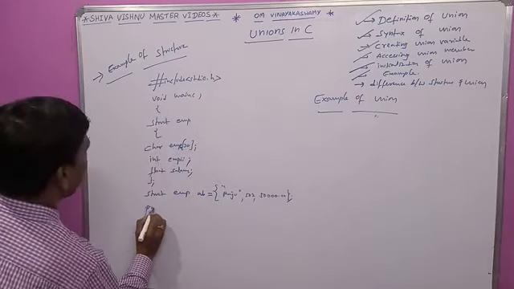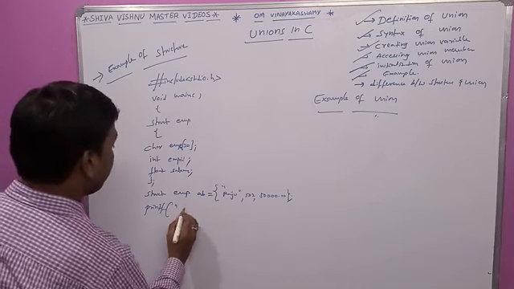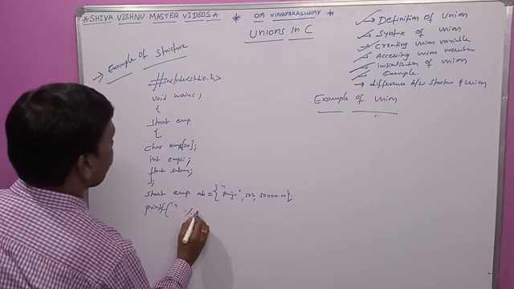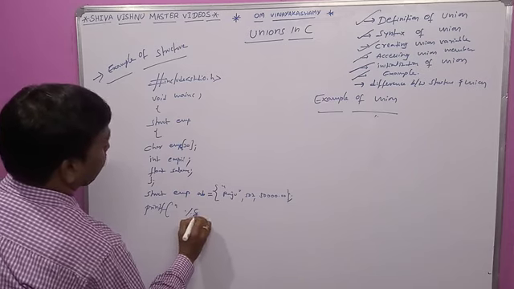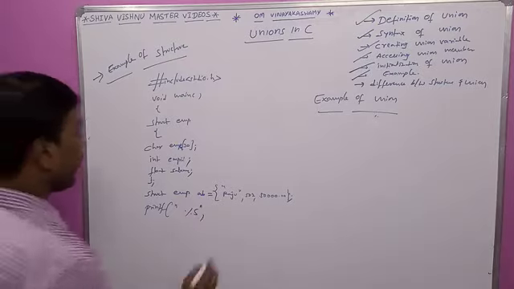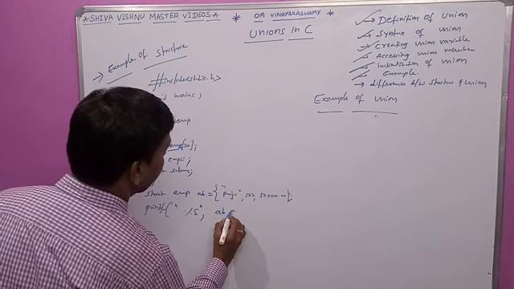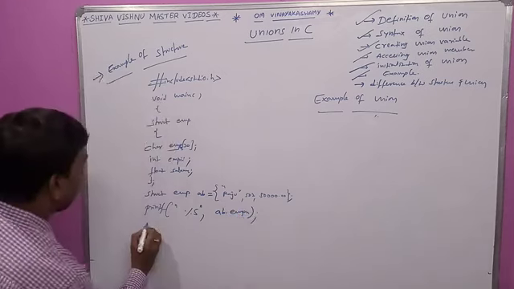Now printf within quotes, percentage s, because it is a string, so that's why here you can see ab dot member empn, close, semicolon.